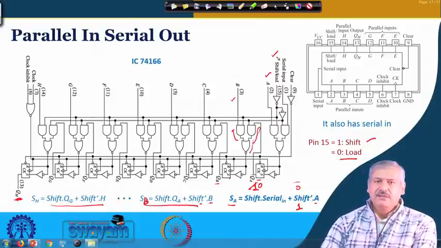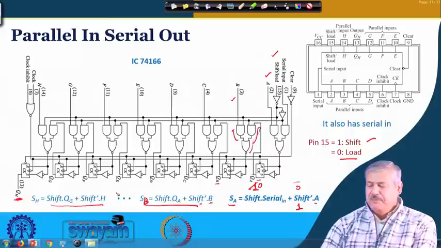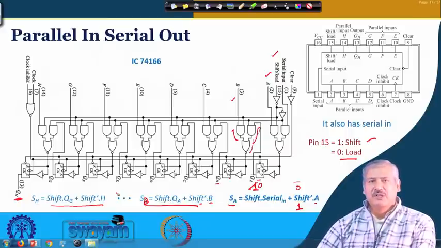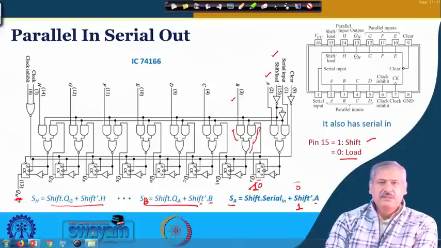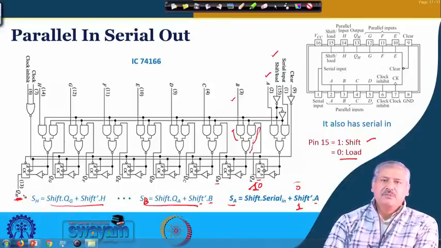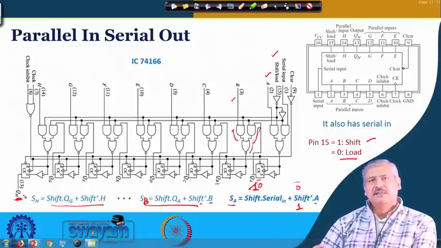For reading it, since there is no parallel out available, because there are 8 flip flops, you would require another 8 output pins, which is not there. So, you have to read it from here by triggering the clock, which will be destructive, but if you have feedback and other mechanisms that we discussed before, then there can be a non-destructive reading. Is it fine?